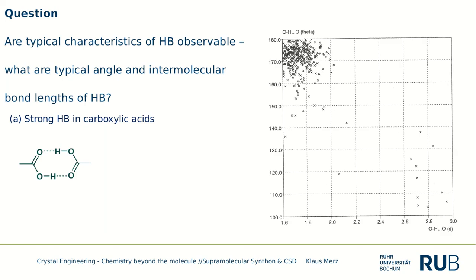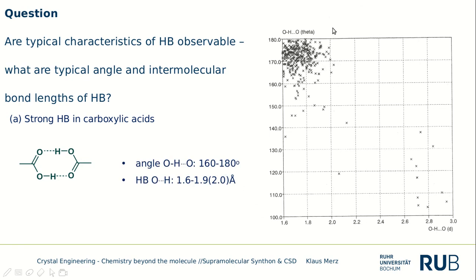Well, have a look here. Where is the typical strong hydrogen bond in carboxylic acid? This is called a dimer form here. And this is the analysis of a lot of these compounds in the database. Here are the angles and here are the bond lengths of a hydrogen bond. What do you see? In a very narrow region you will see the angles, and you will see most of them are in a very narrow region of the bond lengths.